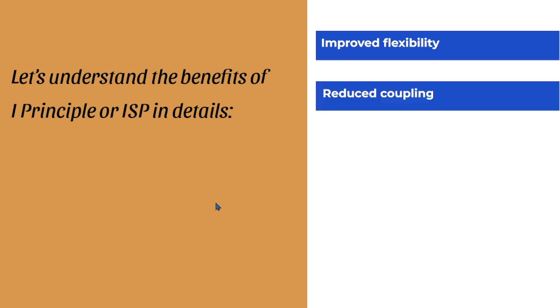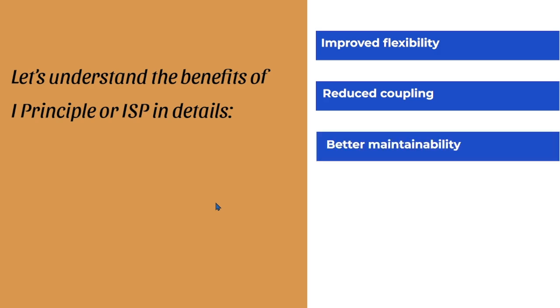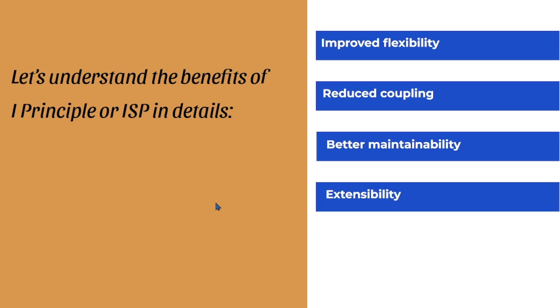The next one is reduced coupling: changes to one interface are less likely to affect any unrelated classes. So loose coupling is also one of the important benefits of ISP. And then the next is better maintainability: the code becomes easier to understand and modify.